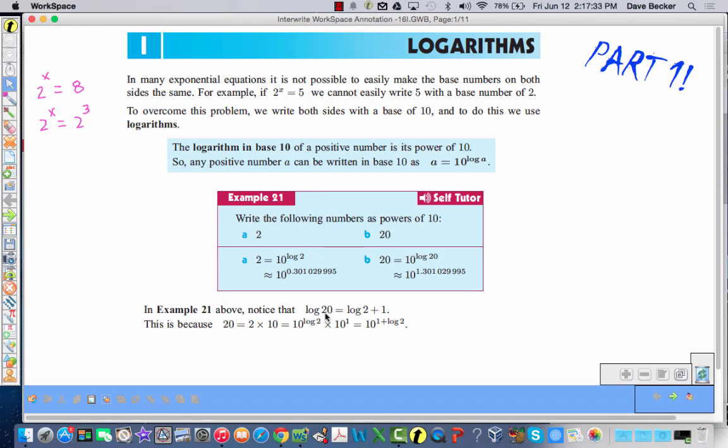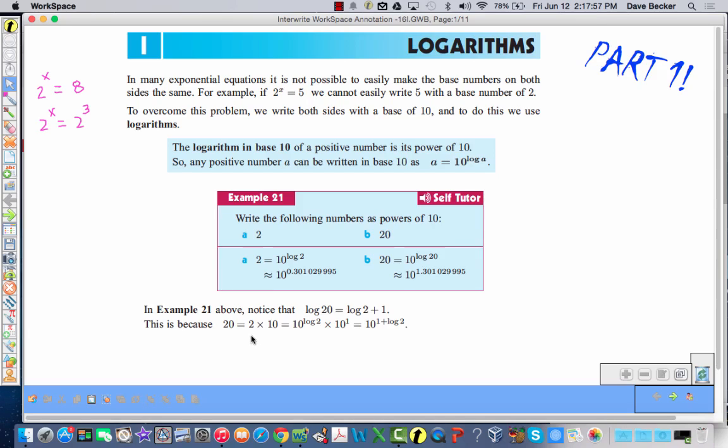Notice that log 20 is equal to log 2 plus 1, and it doesn't immediately make sense, okay? It's not immediately apparent. This is because I can rewrite 20 as 2 times 10. Well, big whoop. Well, here's the big whoop.